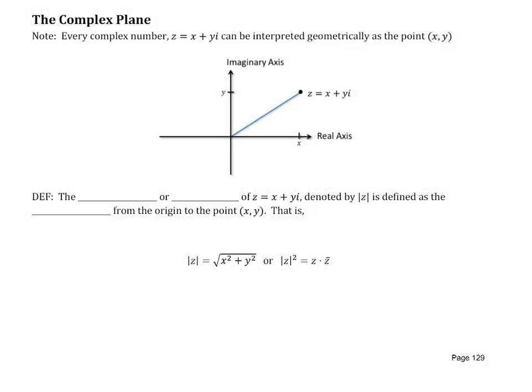The complex plane is a concept of taking the complex number form, a plus bi, and thinking of it not in terms of a and b, but as being a real number plus a real number times i.